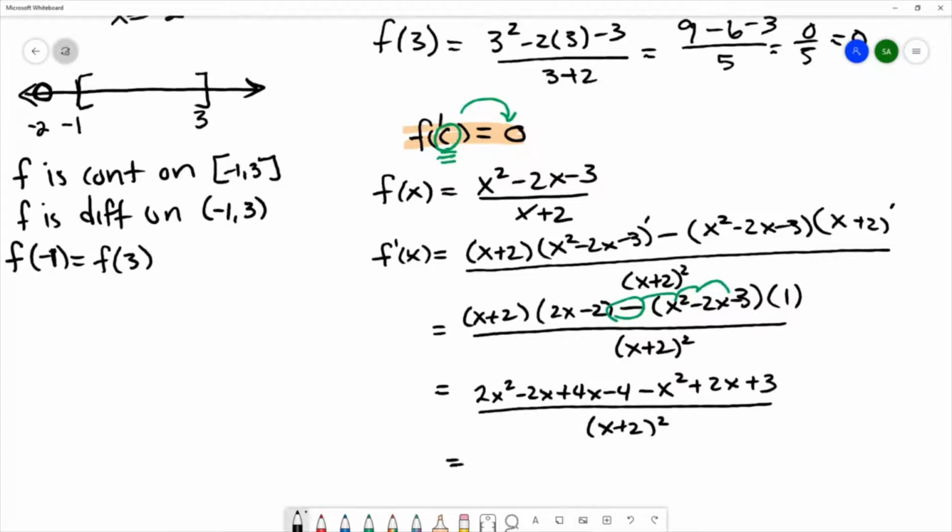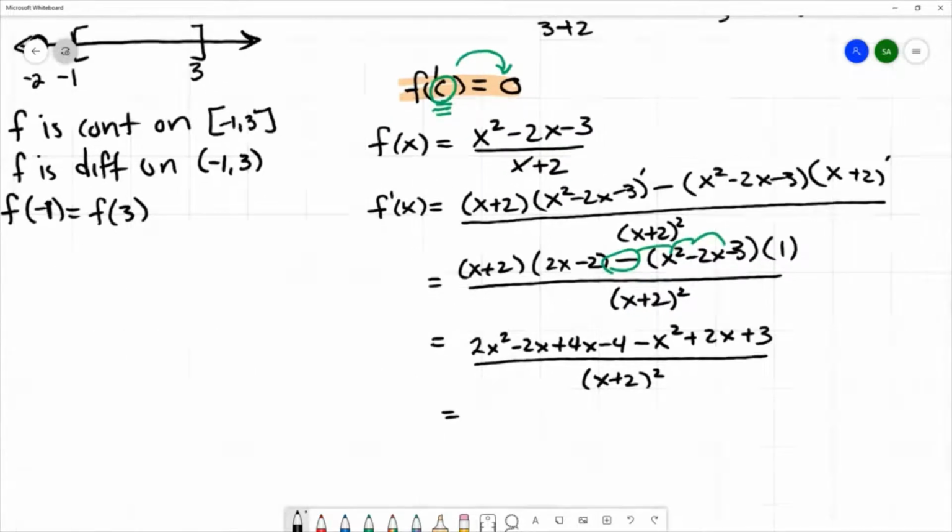I can combine like terms, and that gives me x squared. I combined 2x squared minus x squared. I want to combine negative 2x, positive 4, that makes a positive 2, and another 2x, so I get a 4x.